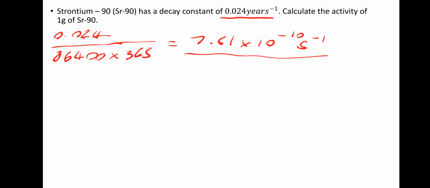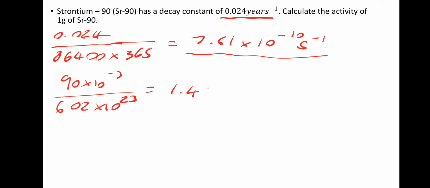Then we need to find the mass of a single Strontium-90 atom and then figure out the number of atoms in 1 gram. So it's Strontium-90, so it's 90 grams, so 90 times 10 to the minus 3, divided by Avogadro's number, 6.02 times 10 to the 23. This should be coming pretty automatic on your behalf by now. You've done this a few times. So 1.495 times 10 to the minus 25 kilograms per atom.